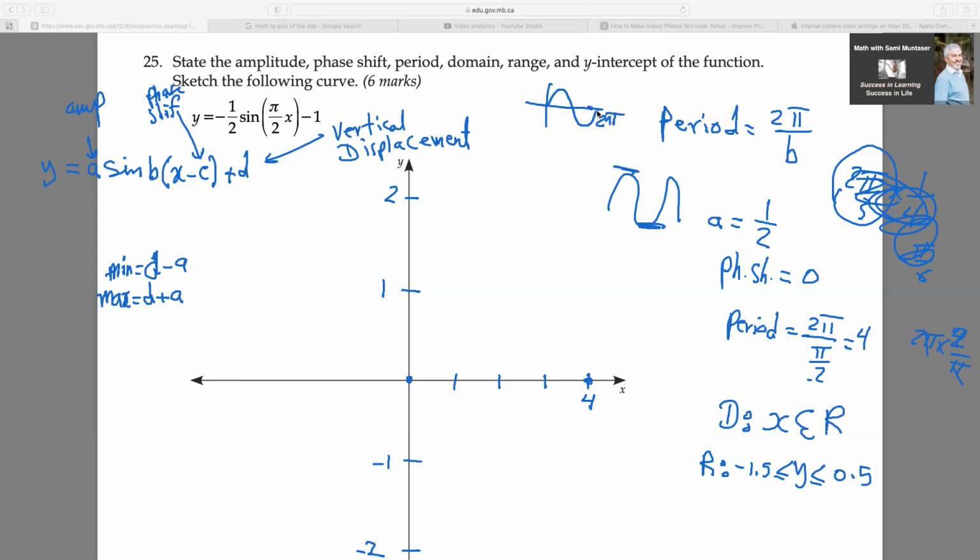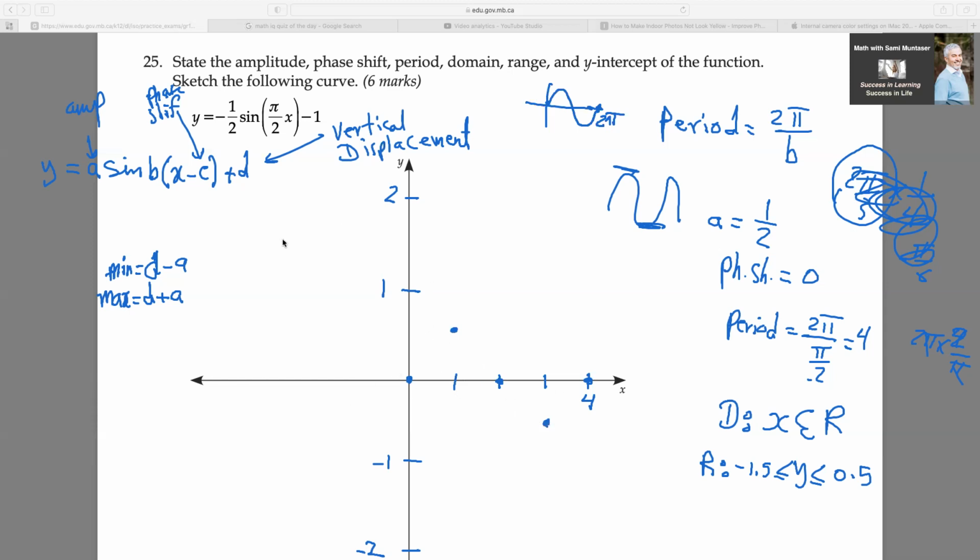Okay, so the period is between 0 and 2 pi. Now the period is between 0 and 4. And also the middle will be right on the x-axis. The amplitude is half, so I'm gonna just go to where half is, and here I'm gonna go to where -half is, because that's where my points should be.